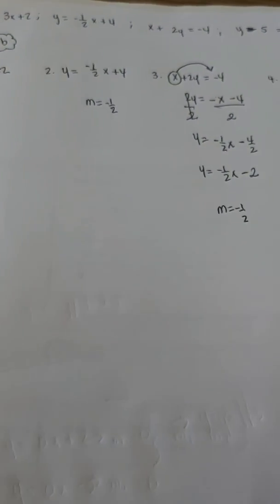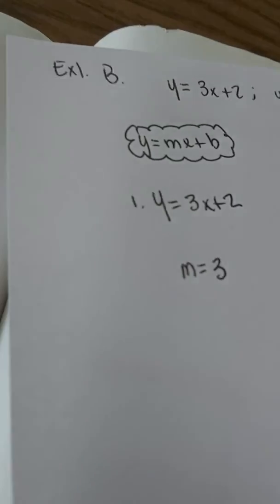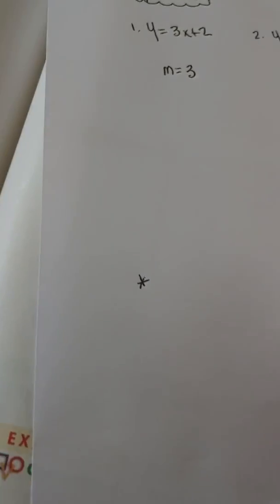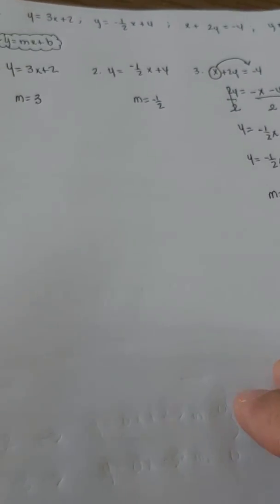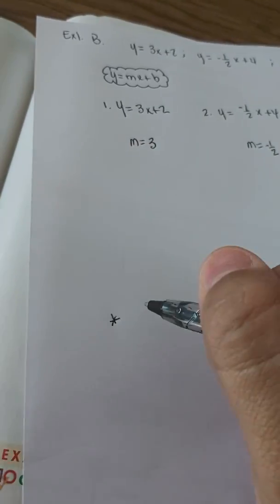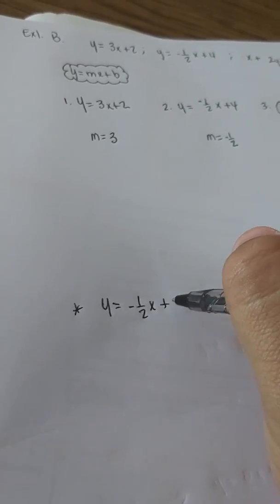So equation 2 and equation 3 have the same slope, negative 1/2 and negative 1/2.